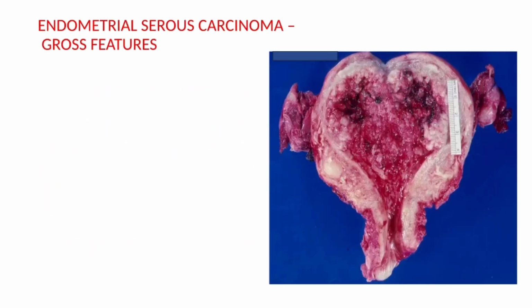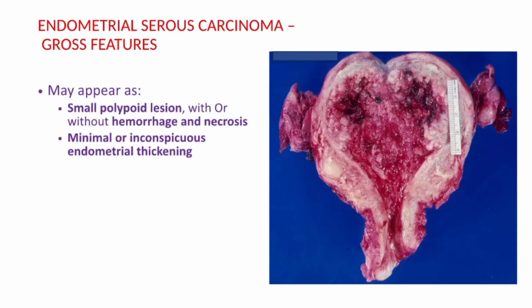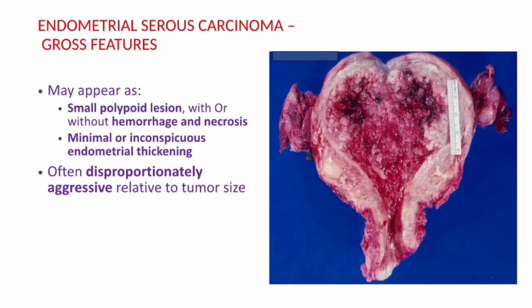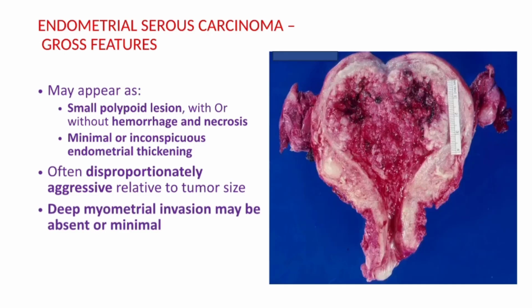So, gross, if we see, it may appear as a small polypoid lesion with or without hemorrhage and necrosis, and sometimes minimal or inconspicuous endometrial thickening, and is often disproportionately aggressive relative to tumor size. Even though small in size, it may have aggressive behavior.